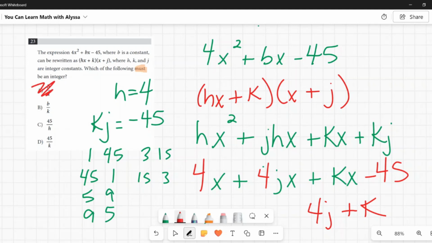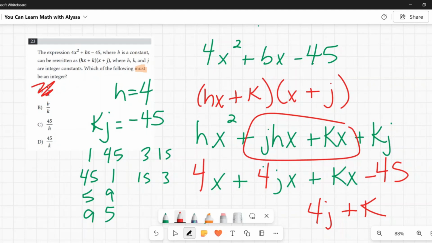A is out. B divided by k. Same kind of thing. k is added to a number to get to b. It's not being multiplied. k would have to be multiplied by something to get to b in order for it to always be an integer. That's what we're looking for.